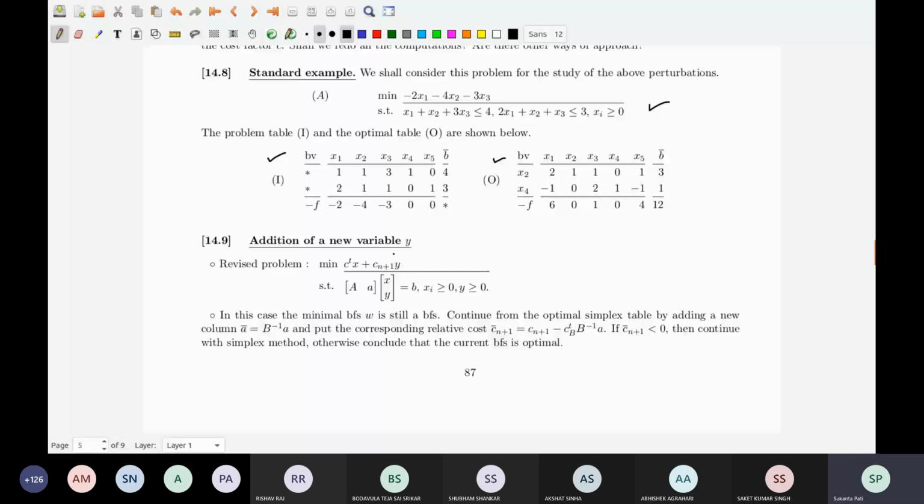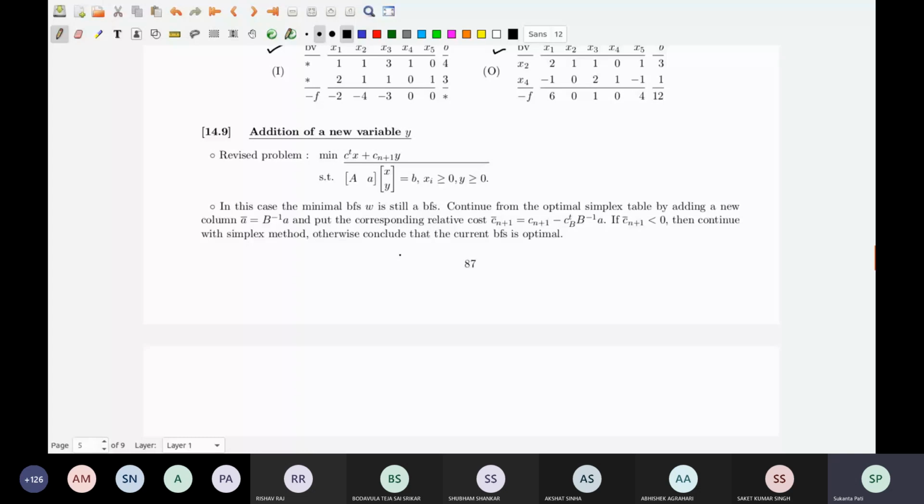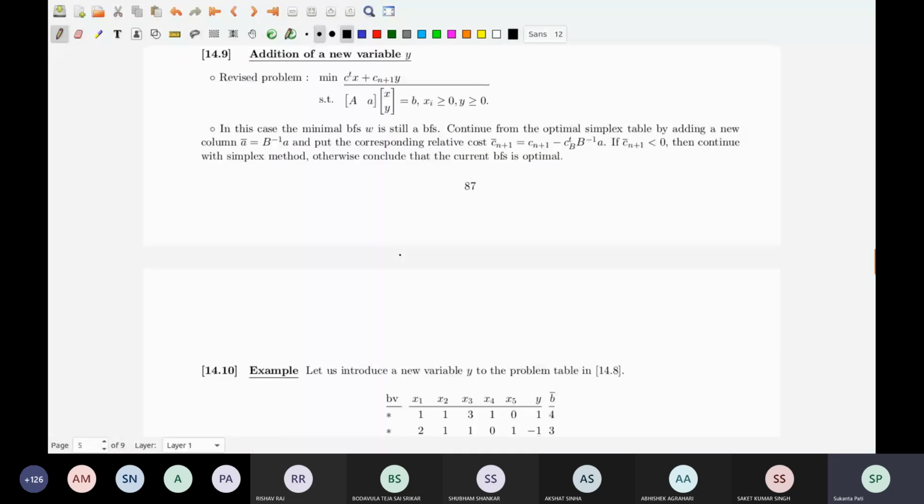That basically means the company is going to add one more column. For example, this one, it has added, this column 1, minus 1, 1.